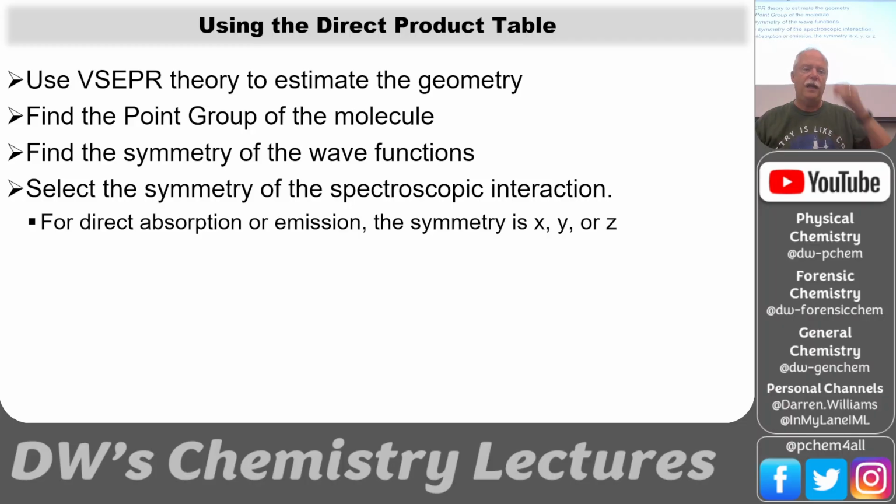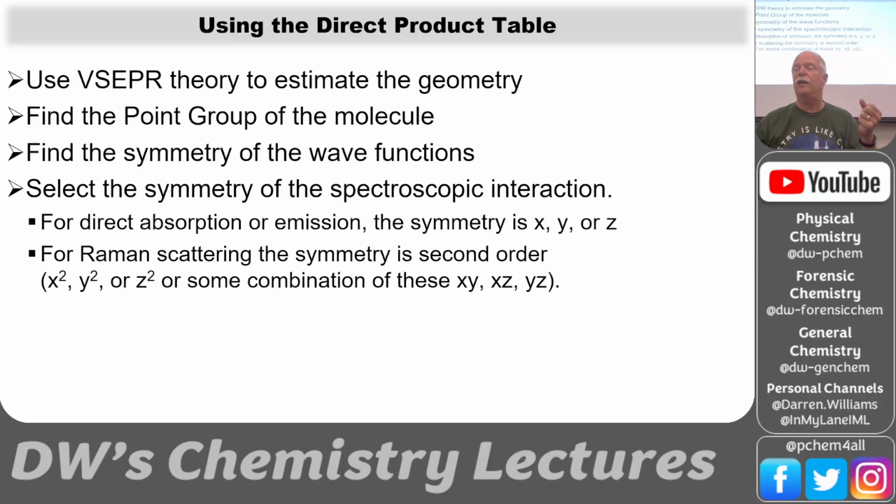Okay. Now the second spectroscopic phenomenon we're dealing with is scattering. And there are two different types of scattering: Rayleigh scattering and Raman scattering. And we would use those squared-type interactions because it's two photons. I don't know if it's exactly classically correct in terms of physics, but the way I think of it is the photon comes in and the photon goes out.